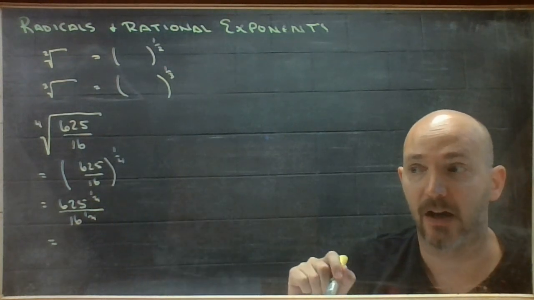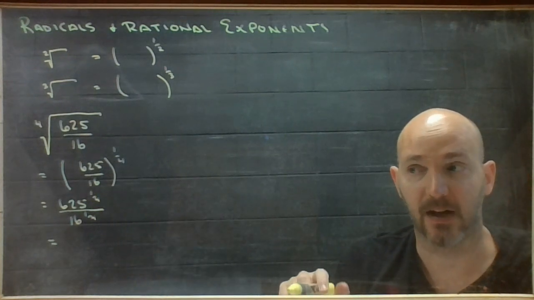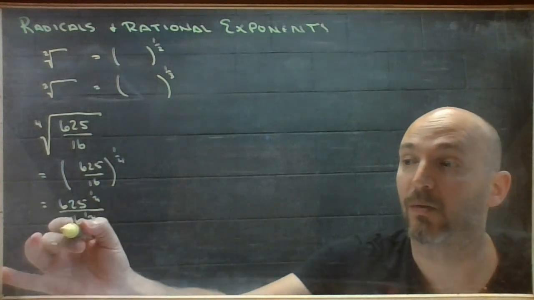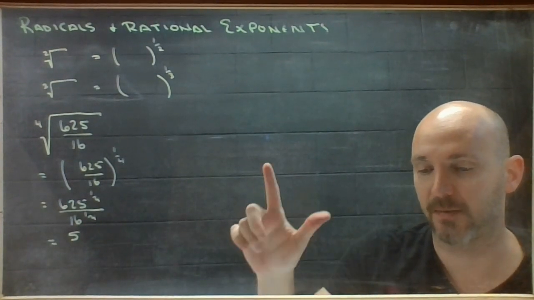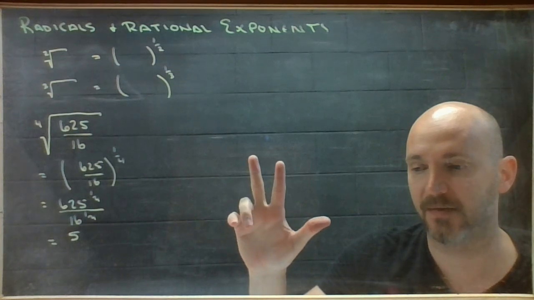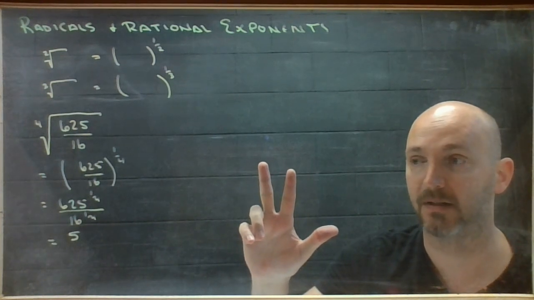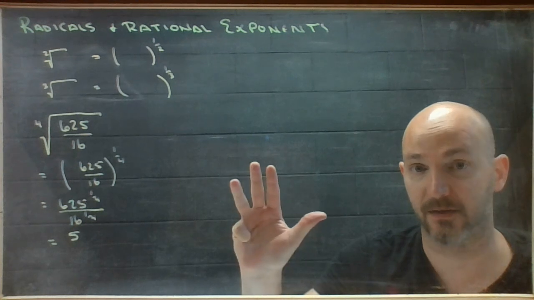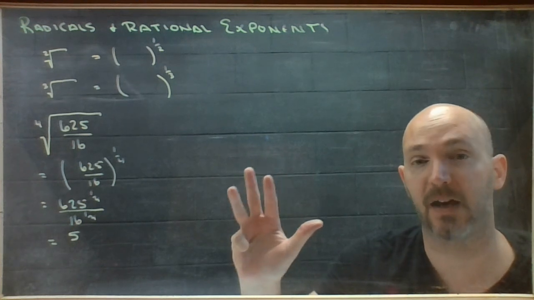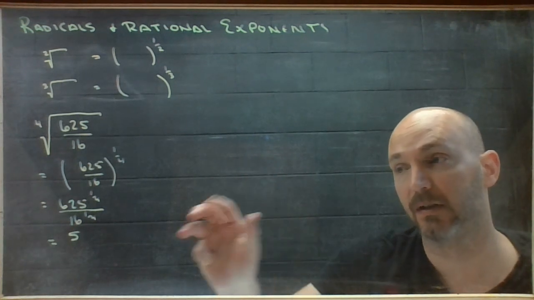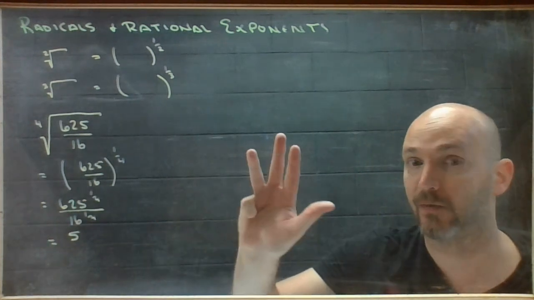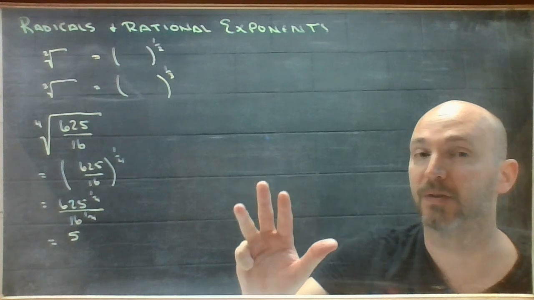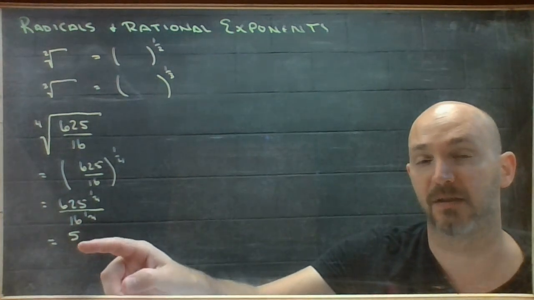Park that in your calculator. 625 to the power 1/4 is 5, because 5 times 5 is 25, times 5 is 125, times 5 is 625. So 625 is 5 to the 4. Apply a fourth power radical to a fourth power exponent, and they neutralize each other, leaving just the base behind.